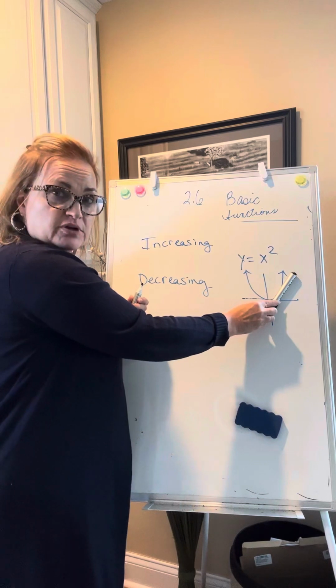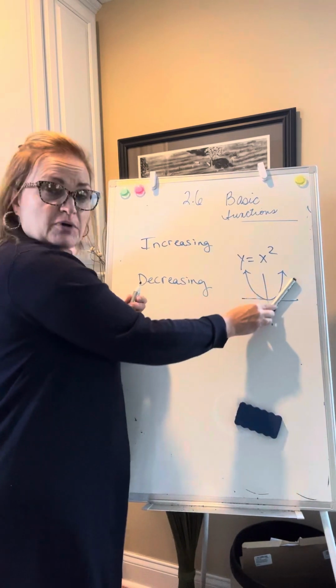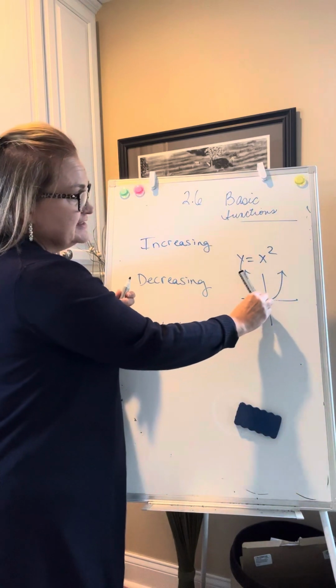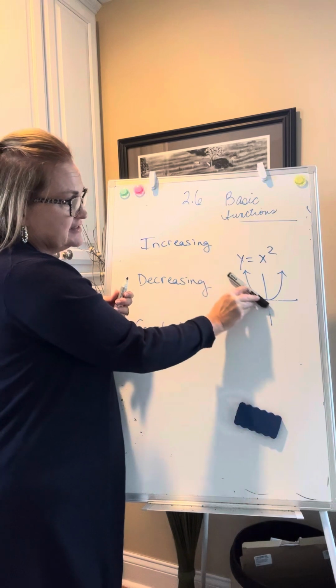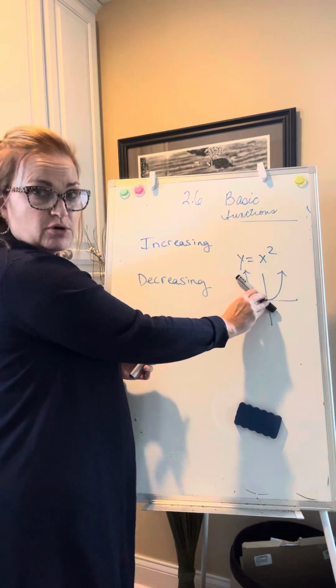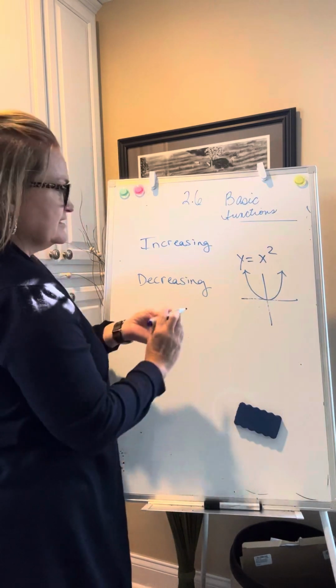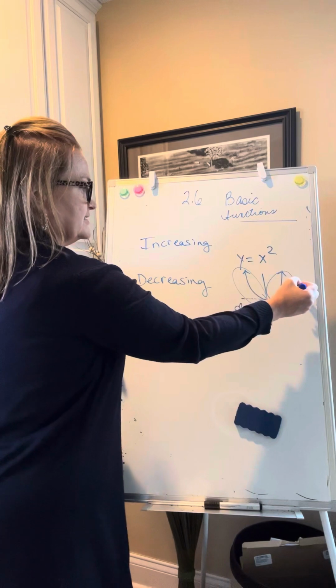So you touch a point on that curve and you say, what's the slope of that line? Well, that's a positive. But if I put it on this side, you see, that's a negative slope. If you're reading from left to right, it's going downhill. That's a negative slope on that side.